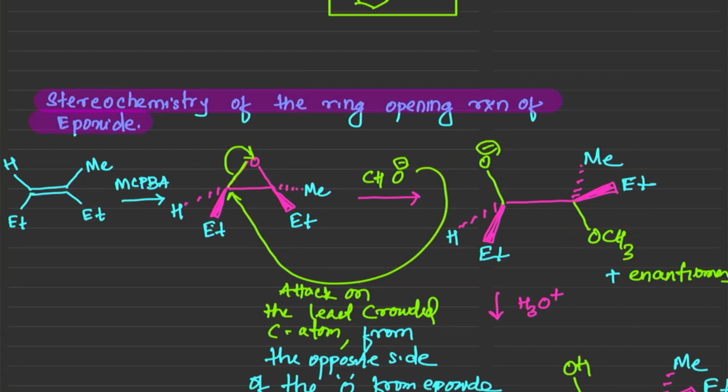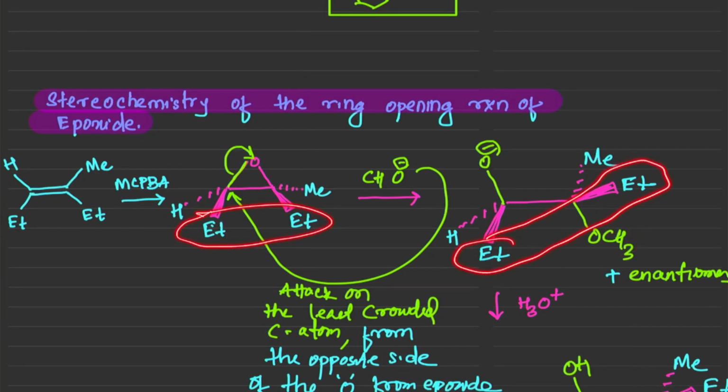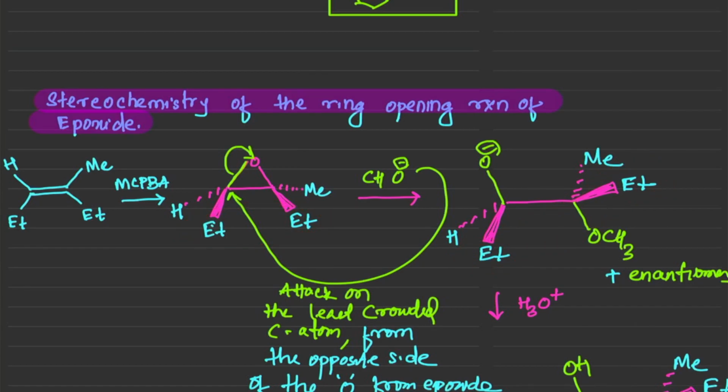As long as you remember that part and draw everything else as it is, before and after are the same. The only difference is your incoming nucleophile is always going to be opposite of the epoxide oxygen. That's it. Okay, we'll stop here.